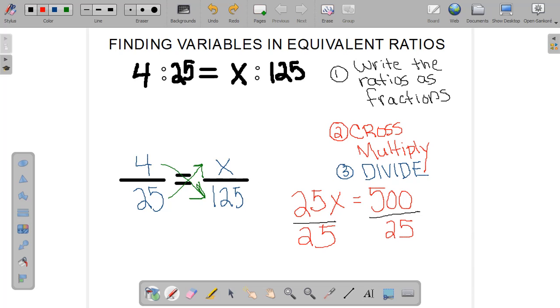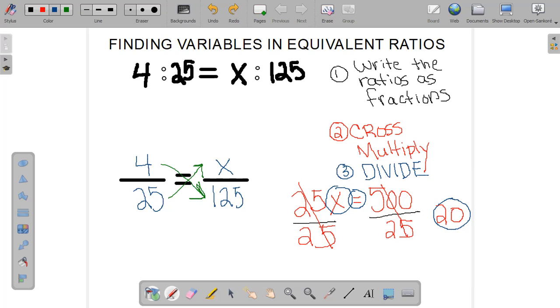25 divided by 25 is what, Larry? 1. Beautiful. Anybody want to take a stab at what 500 divided by 25 is? Go ahead, Elizabeth. 20. Okay? So that means that x equals 20.